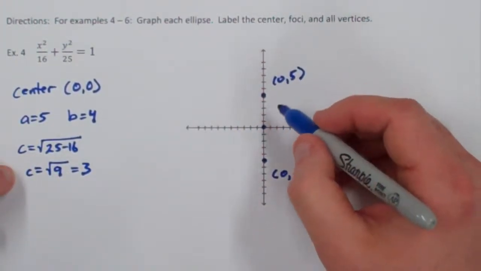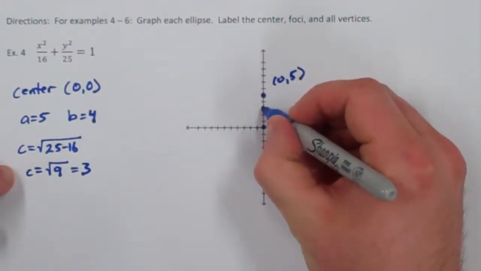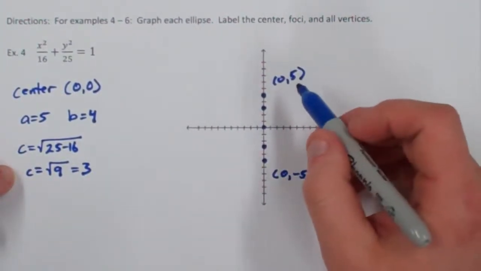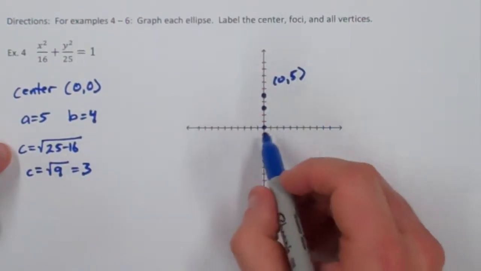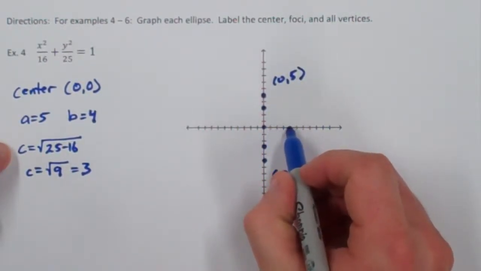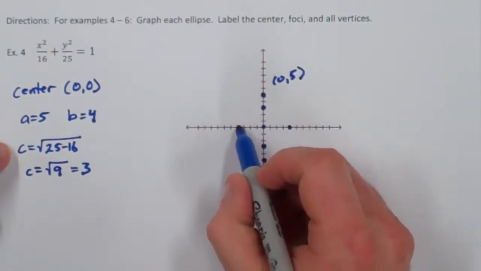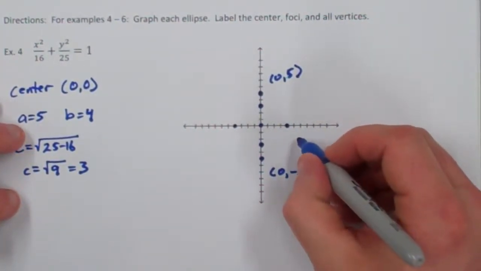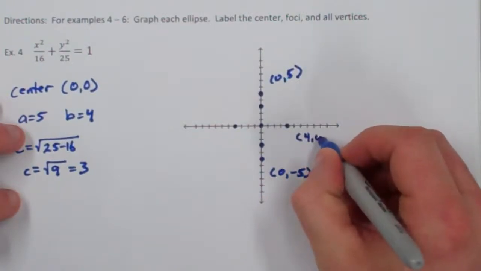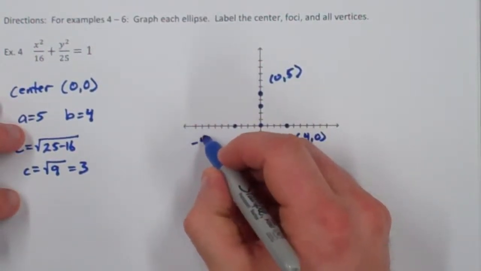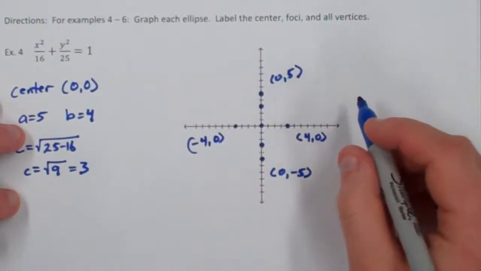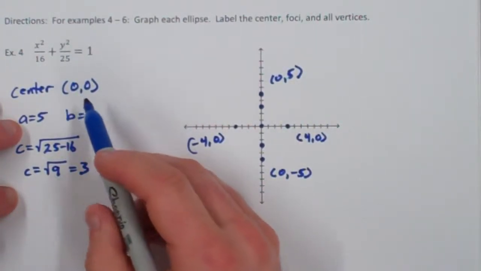The foci are going to be up 1, 2, 3, and then down 1, 2, 3. And then we're going to go left and right by 4 here from the center, so that'll give us our minor axis vertices. These guys, we said we're going to be at 4, 0, and negative 4, 0. The center, of course, is at 0, 0.